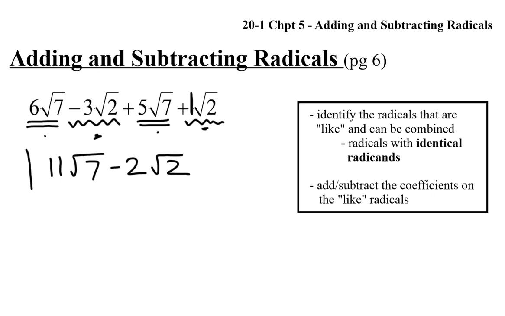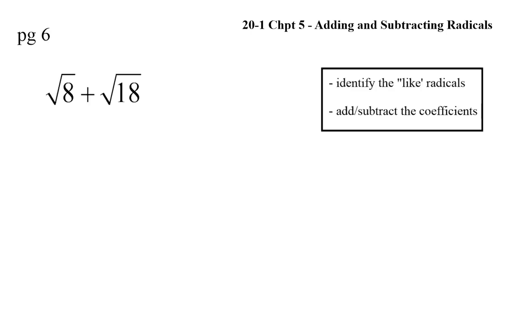And there's adding and subtracting radicals. Simplest to start with, it's going to get a little trickier, a little bit more work, but it's just like working with polynomials. We need the like radicals so we can combine those together.